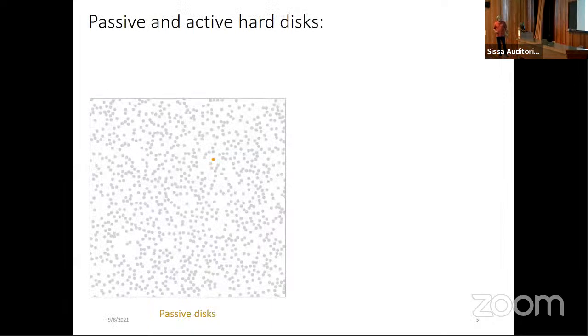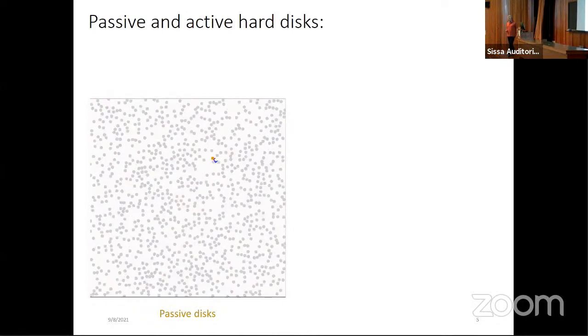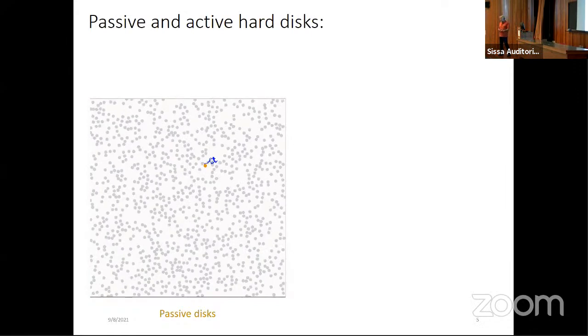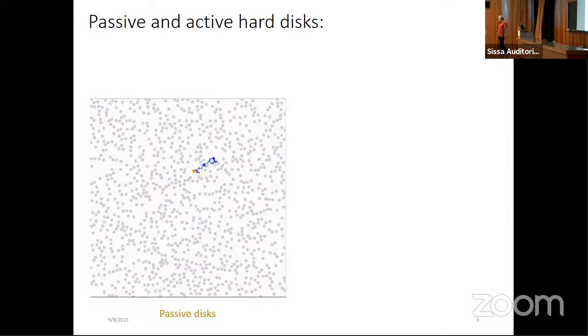So let's start from some very general observations. I said that I want to put in contact the behavior of hard disks with the behavior of active particles. So first of all, let's give a look to a simulation of standard hard disks, just interacting by a very short-range repulsive interaction.